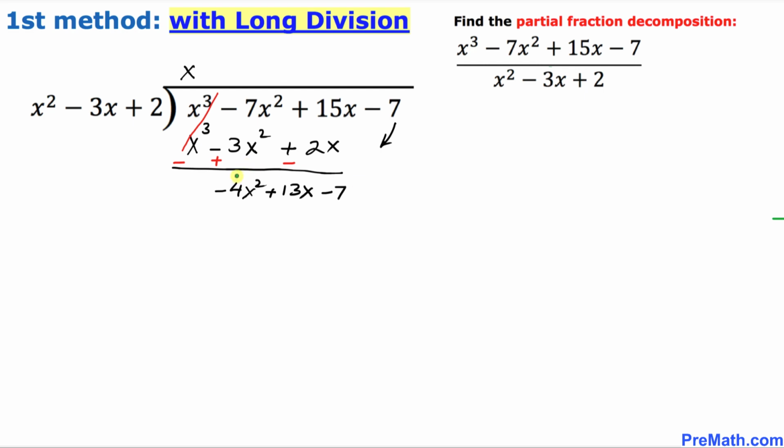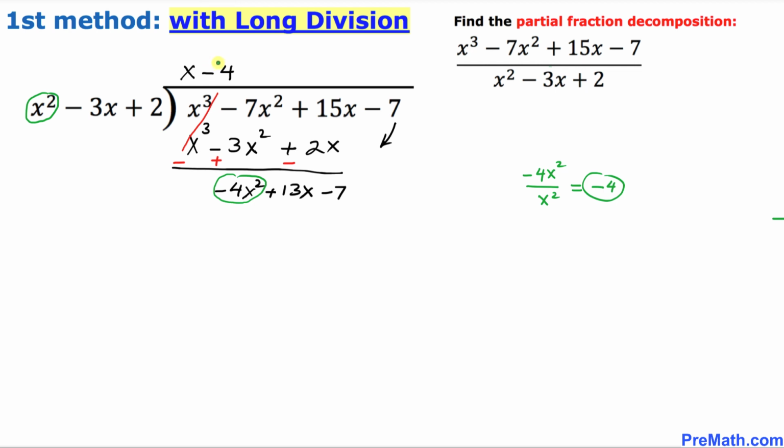Once again, let's focus on this leading term, which is negative 4x squared, divided by the leading term over here, x power 2. When we simplify it, we're going to get negative 4. This negative 4 is going to go on the top over here.